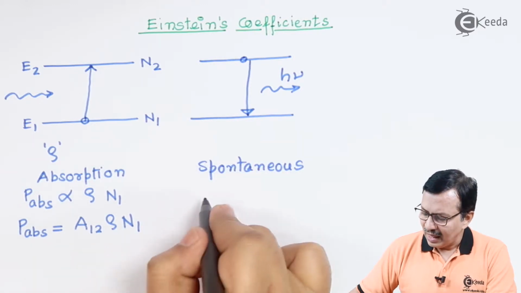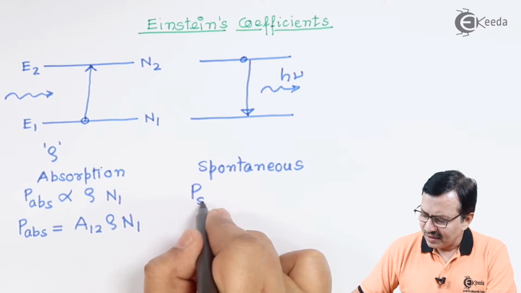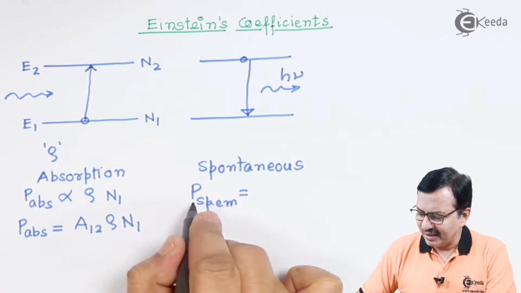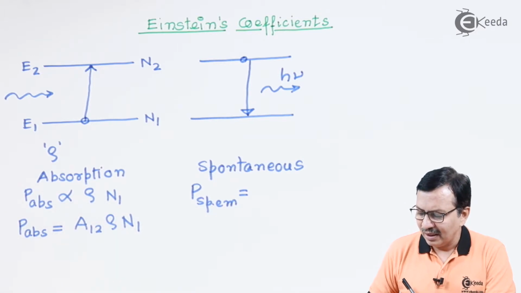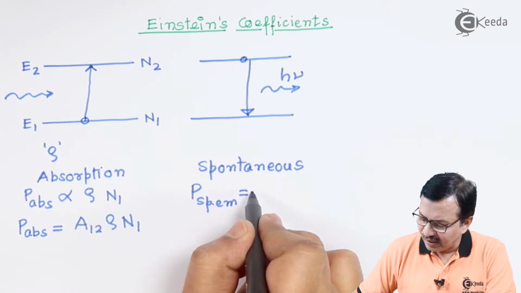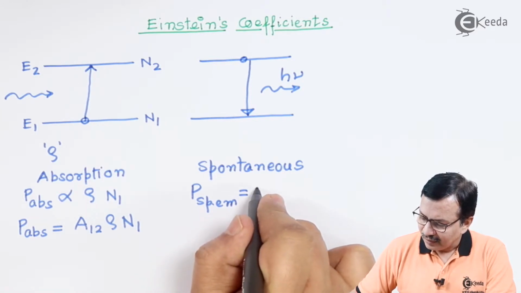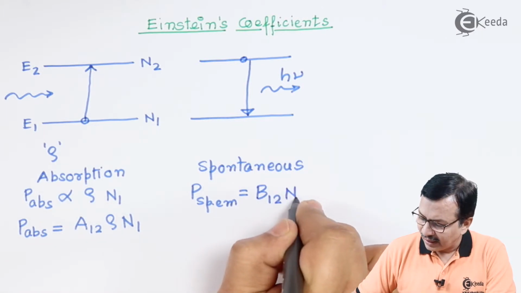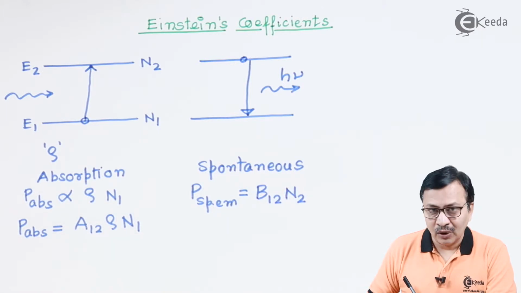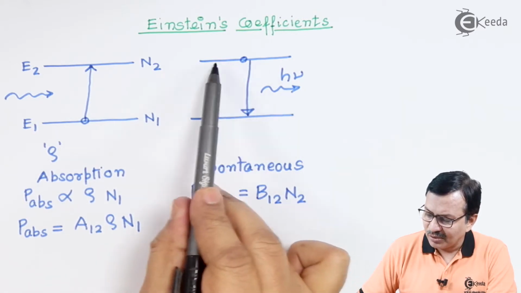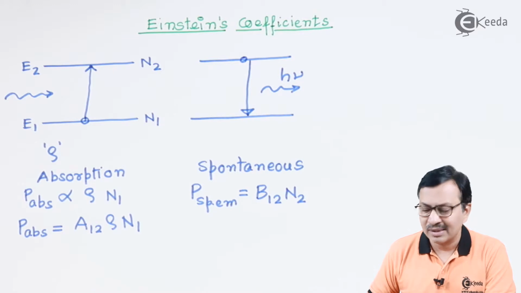The probability for this spontaneous emission, we will represent by P SP.EM. This probability will be equal to B12 into N2, because it is dependent only on the total number of atoms present in the excited state.